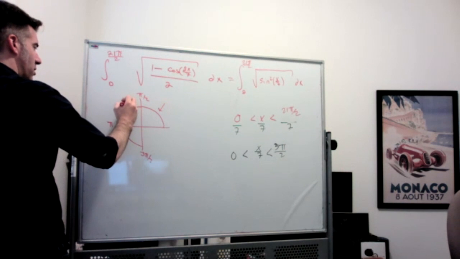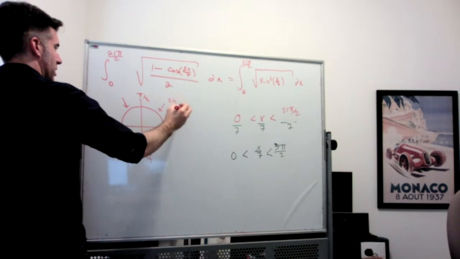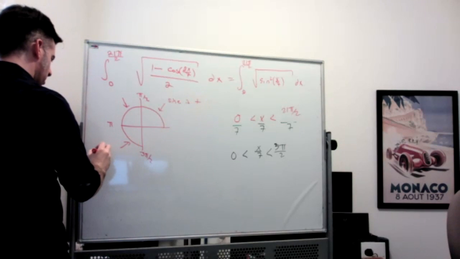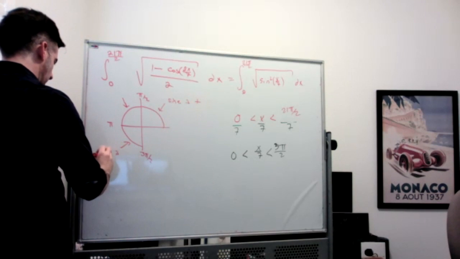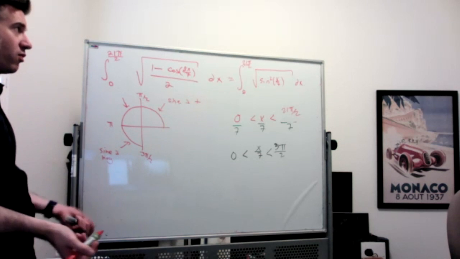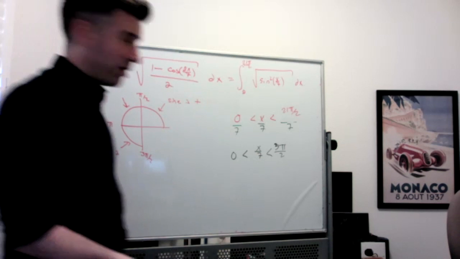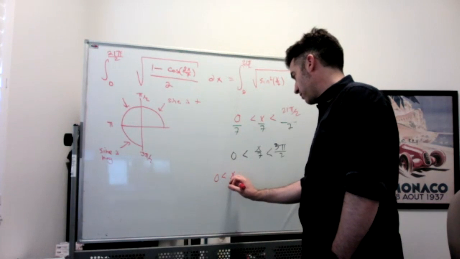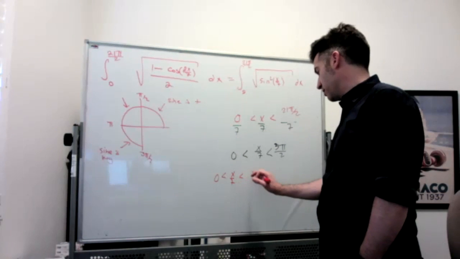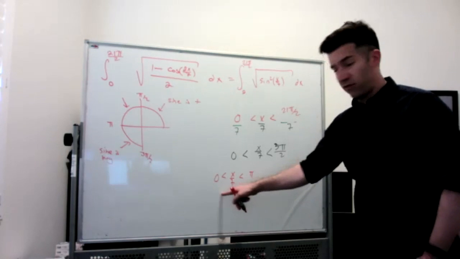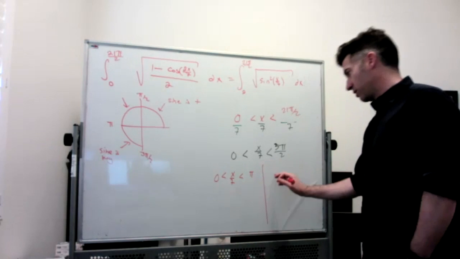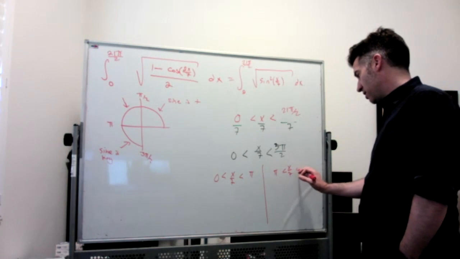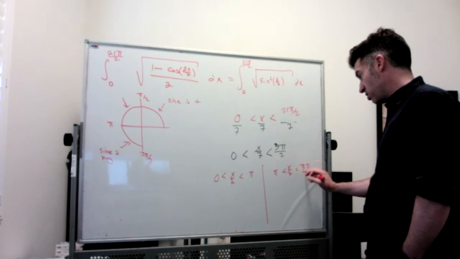Here and here, sine is positive, but down here, sine is negative. So we have to break this up. That's going to be my first breakup, where x over 7 is between 0 and pi, and then my other one is x over 7 between pi and 3 pi over 2.